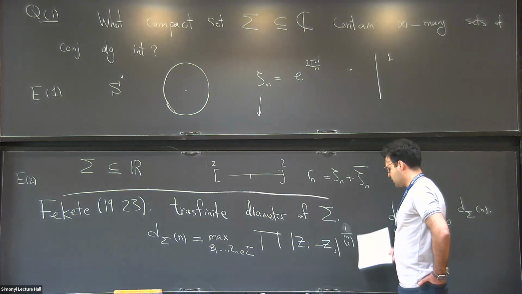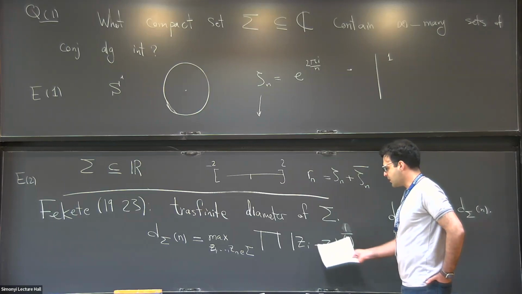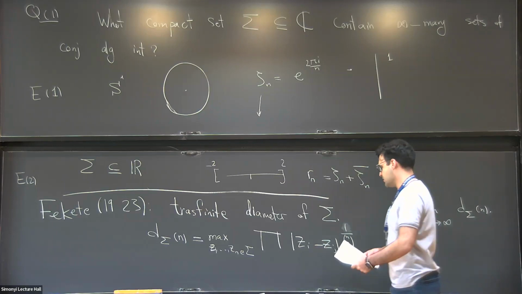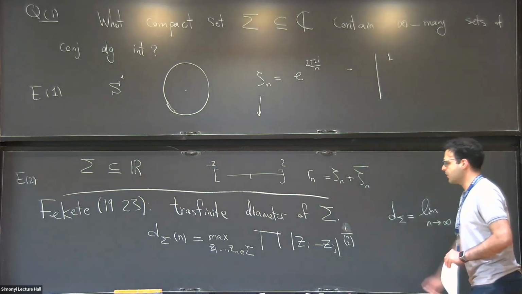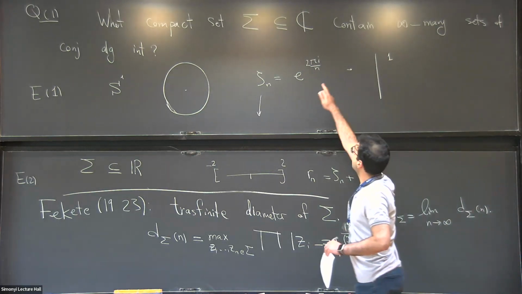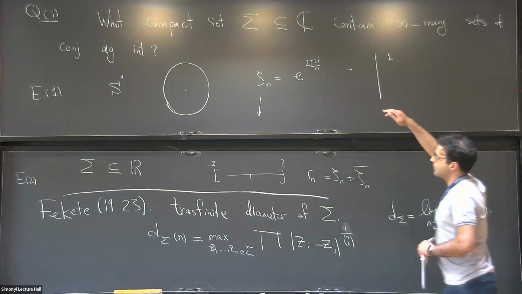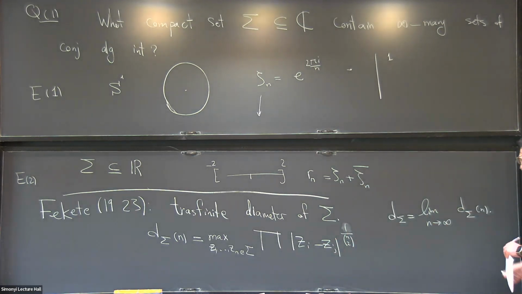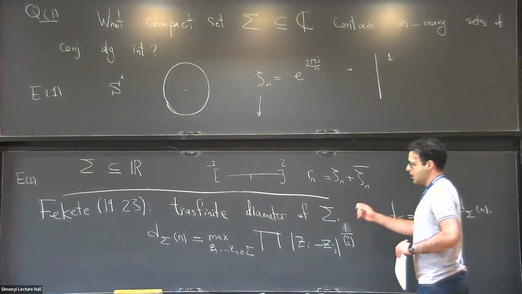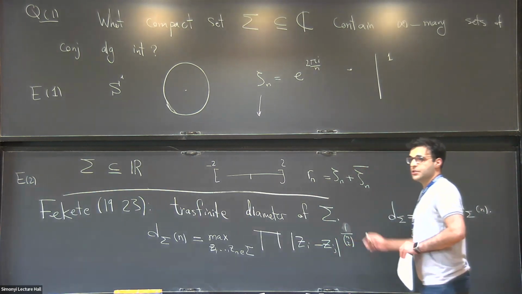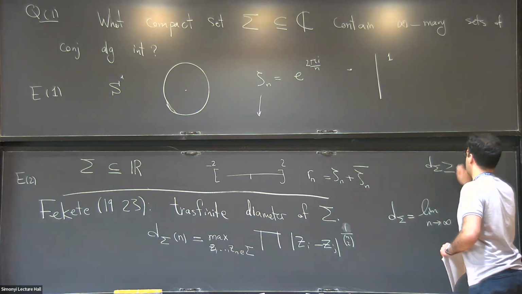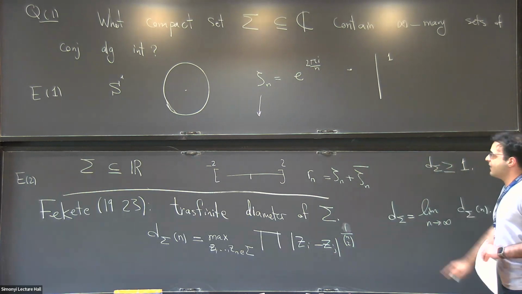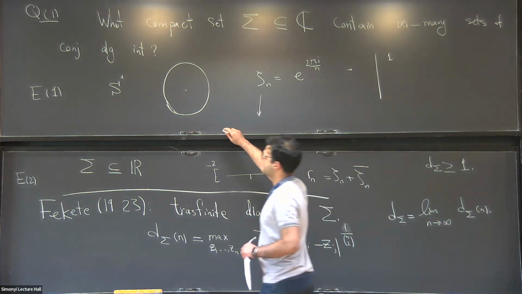So when we take this product with the roots, it has to be bigger than or equal to 1 if they come from a set of conjugate algebraic integers. That's a necessary condition: d sigma has to be bigger than or equal to 1. And in fact, in these cases, d sigma is exactly 1.